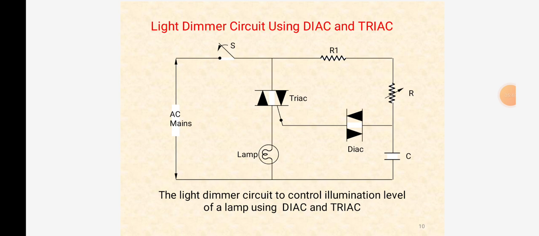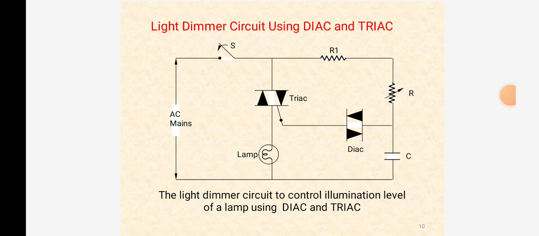Changing the charging resistance R causes a change in the firing angle of the triac and the voltage applied to the lamp changes, thus changing its illumination level. The fixed resistance R1 ensures that the gate current does not become more than the rated current even when the resistance R is at its minimum value.